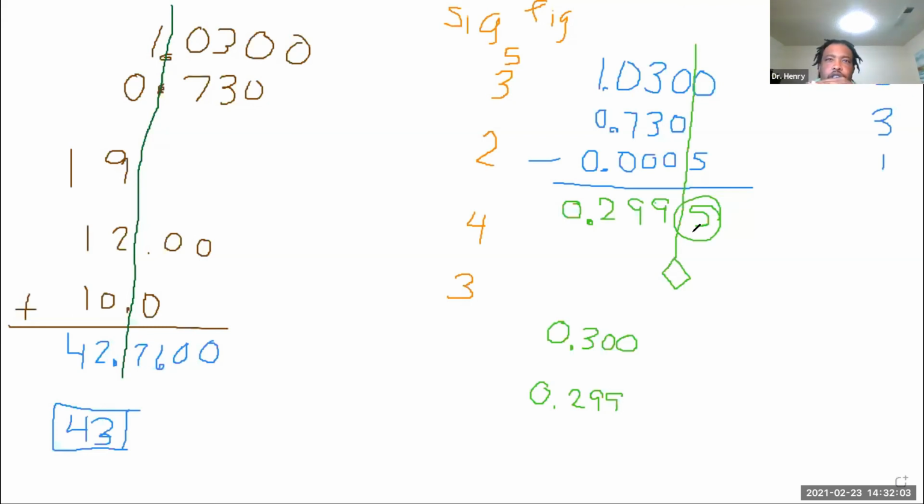If it's exactly 5, your book actually has 2 different ways of doing it. One is that if it's exactly 5, you don't round up, you leave it alone. So the absolute correct answer in this case would be 0.299. If we had a 1 here, then we'd round up because it's greater than 5.